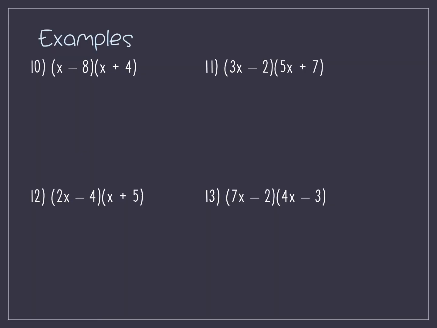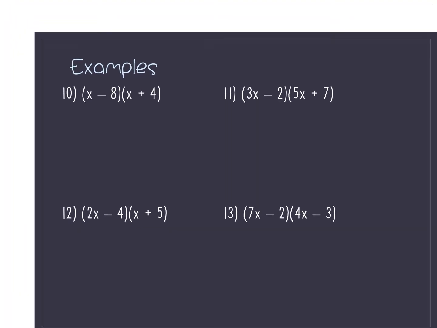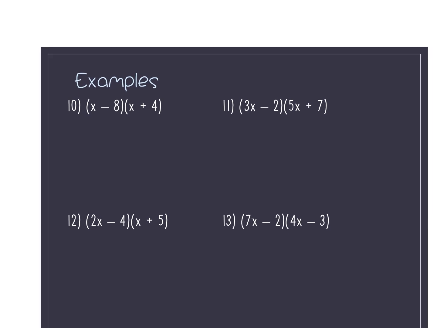So the next slide, we have a set of 4 problems, and they all have binomials in them. Now, when you multiply 2 binomials, you can either just use distributive property, or you can use the acronym FOIL. And the letters in the word FOIL tell you what terms to multiply.